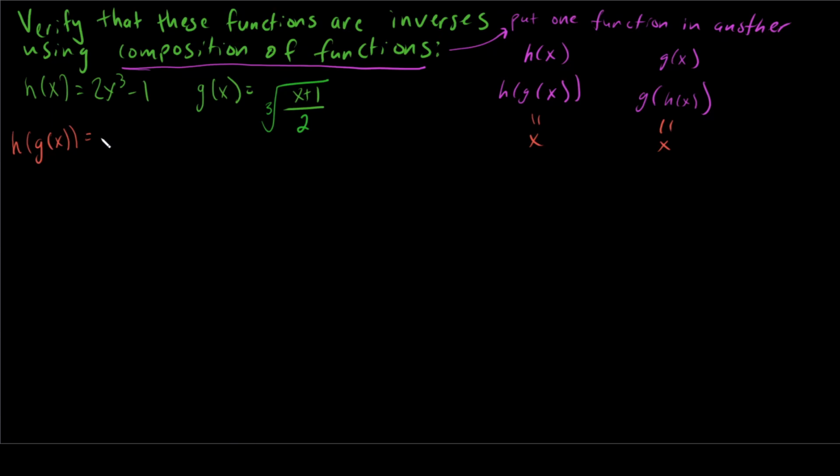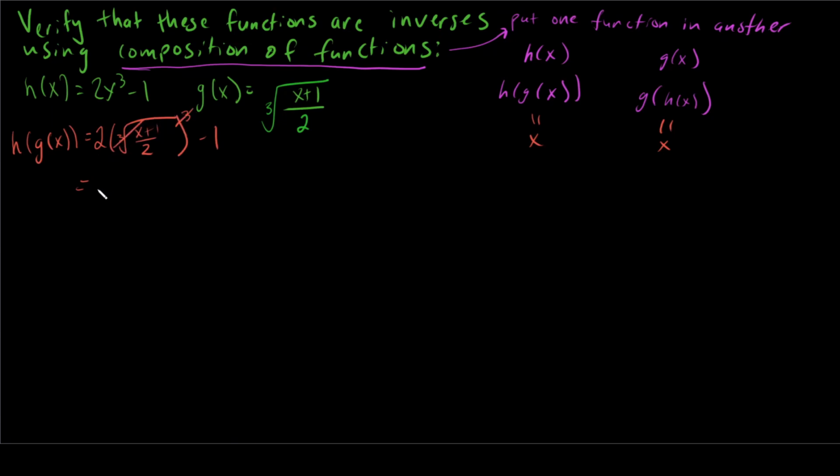All right, so we got 2 times, here's x. So instead of writing x, I'm going to write g of x. So we have the cube root of x plus 1 over 2 minus 1. And this is cubed. We got x cubed, so this cubed. Now we're going to have some simplifications.